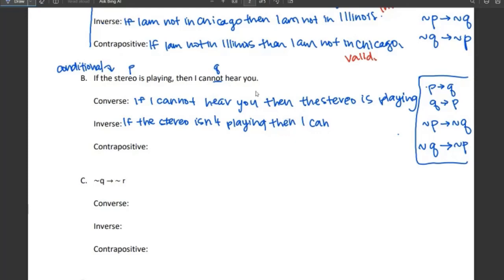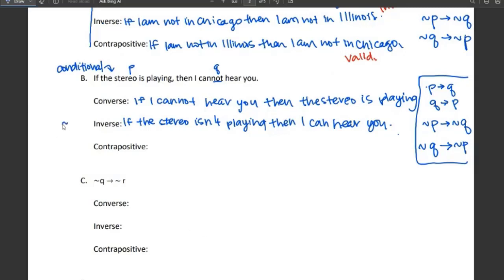Okay, so we start off with a negative Q, that I cannot hear you. If we make Q negative and we have not Q, then Q becomes positive. So negative Q would be that I can hear you. Okay.